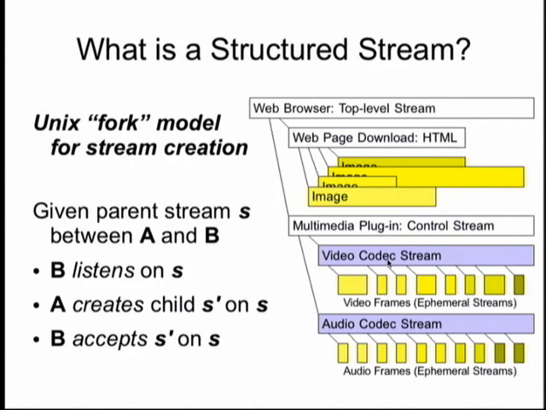So, it seems like even in a web browser example, it's a very natural model for the web client to open up a top-level stream representing a session, and then fork off substreams representing web pages, and off of those fork off grandchild substreams for downloading specific content within those pages, specific images, and off of those images, fork off substreams representing out of bound priority change requests and things like that.